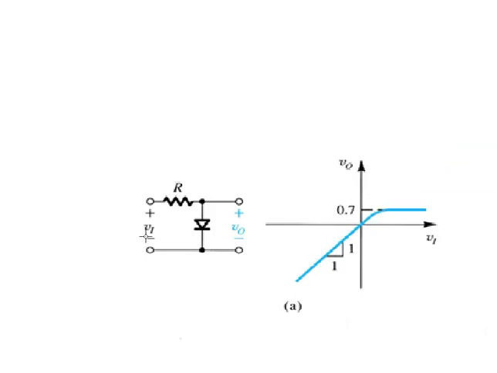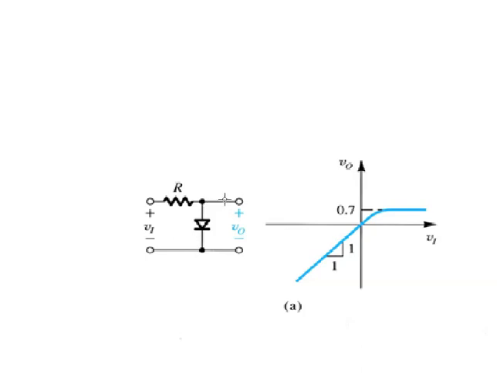You see the red and the blue in this region are exactly matching each other. But when Vin starts to become 0.7 and more, what will happen? Then this diode starts to conduct. It's going to turn on, so it looks like a wire, a short circuit here, right? So no current will go this way.